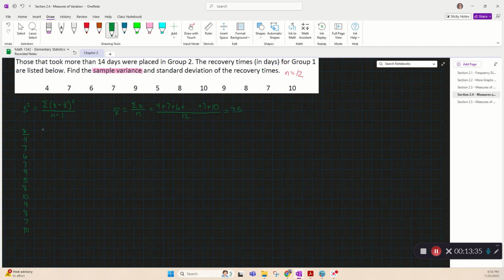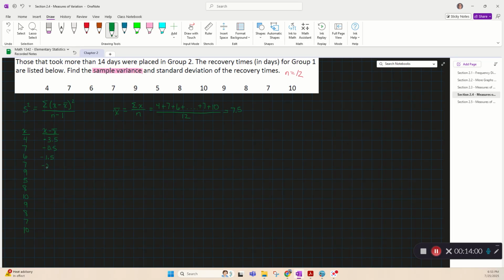And then we do x minus x bar. So same as before, but now we're dealing with x bar instead of mu. 4 minus 7.5 gets us a negative 3.5. 7 minus 7.5 is a negative 0.5. 6 minus 7.5, negative 1.5.